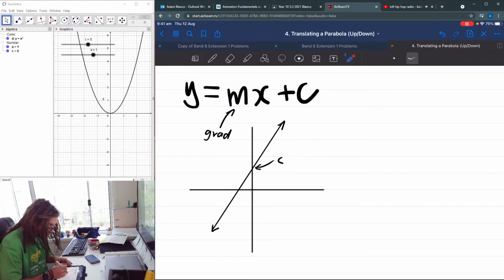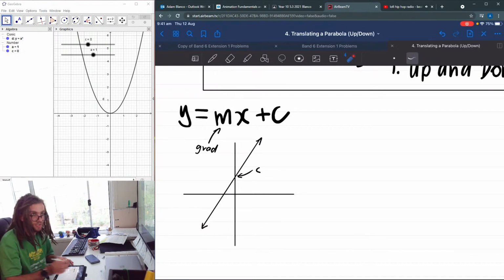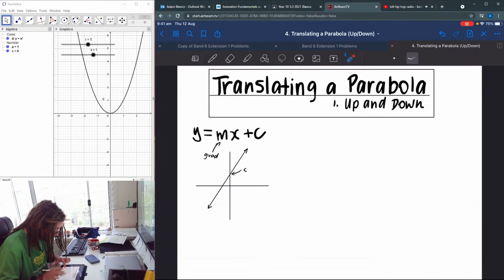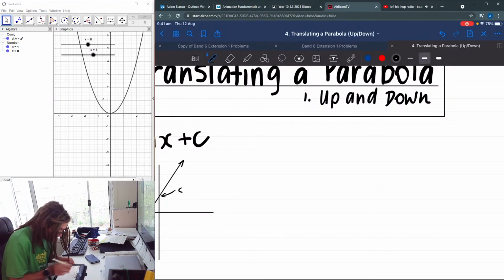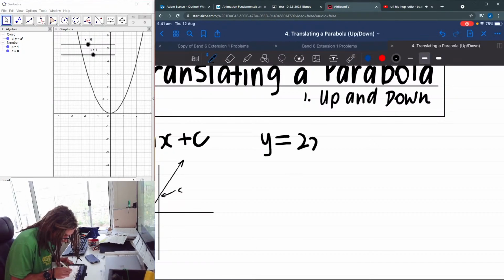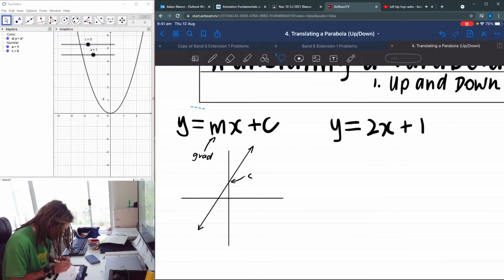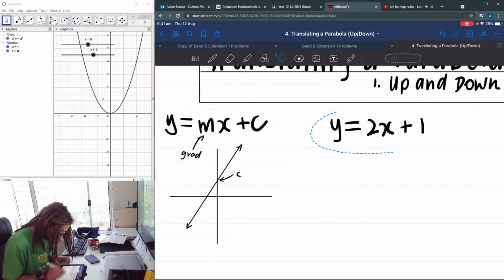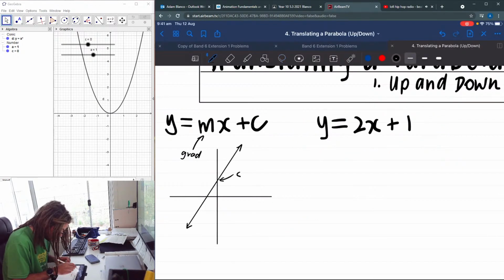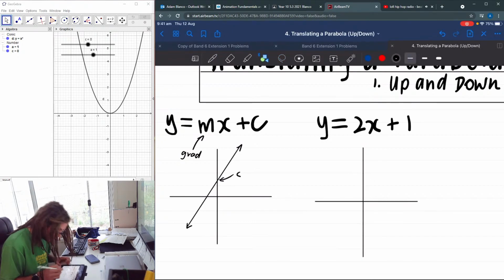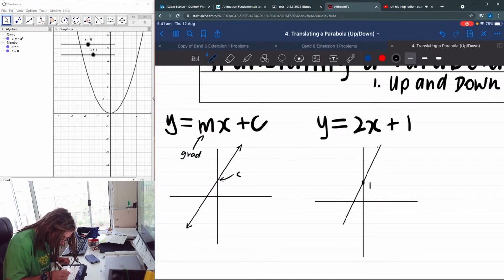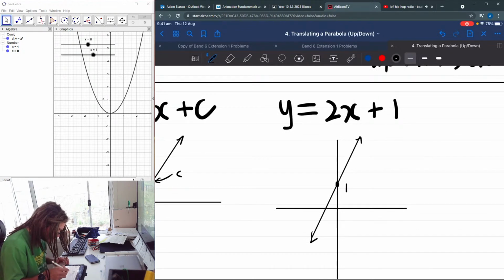And the gradient determined how high or how low it was, and whether it was positive or negative also determined whether it was going up or down. So if I were to make up an example, like y equals 2x plus 1, it would look like this, where that point there is 1, and the gradient of this line would be 2.